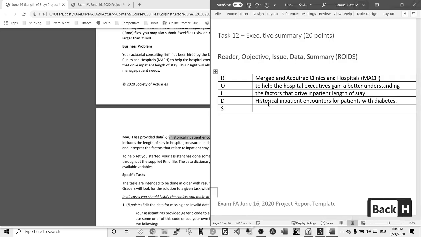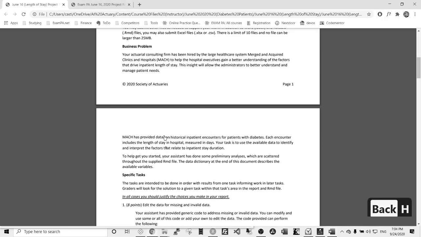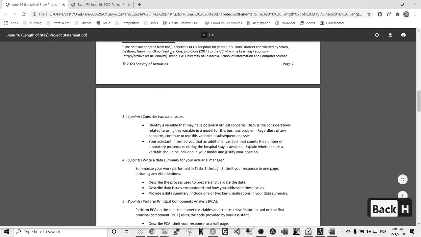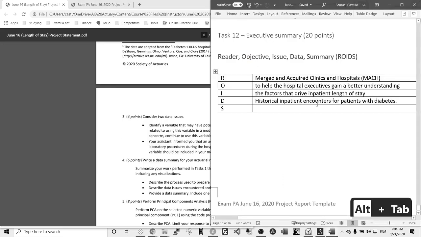So the data is historical inpatient encounters for patients with diabetes. There's also a footnote in the report here, and this says the data are adapted from diabetes, 130 U.S. hospitals for years 1999 to 2008, data set contributed by, etc., for the UCI machine learning repository. So you can also include that it is for U.S. hospitals between 1999 and 2008.